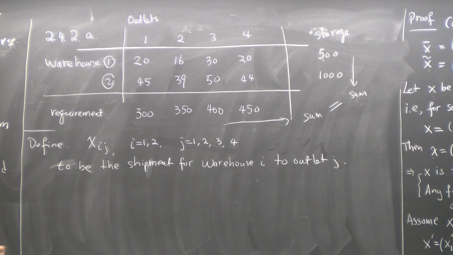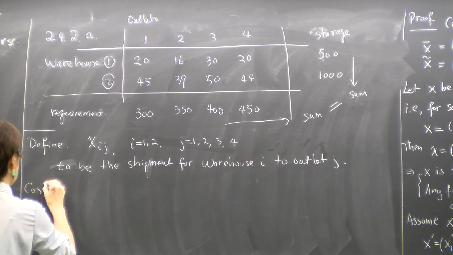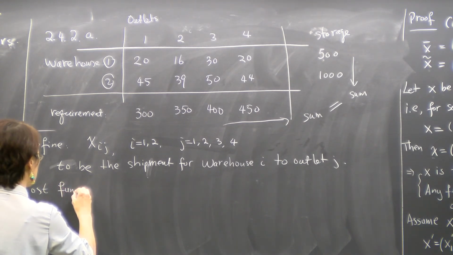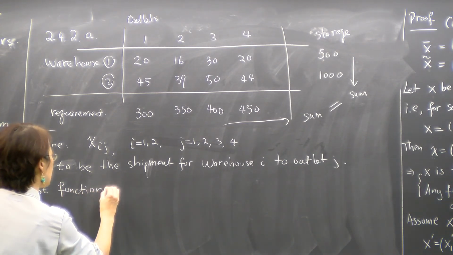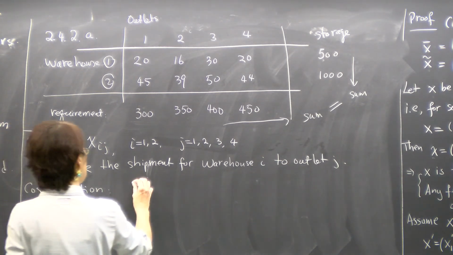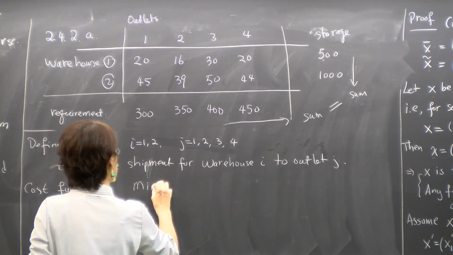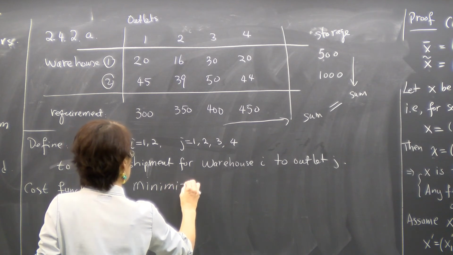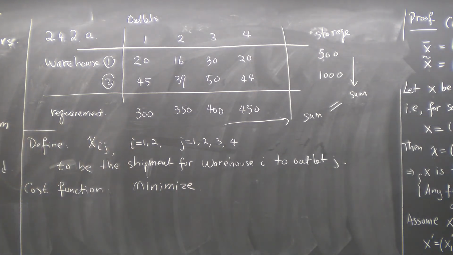So how do you define a cost function? That's the thing you need to define, and you know that is the thing you need to minimize. Is that right? So you write minimize the following. So how do I figure out the total cost for these shipping?